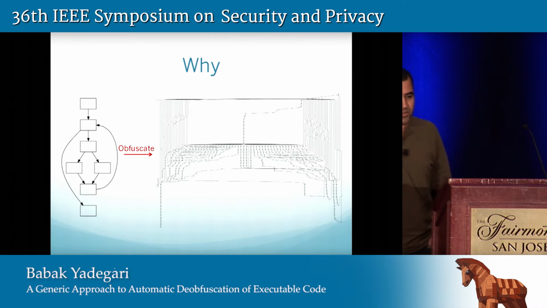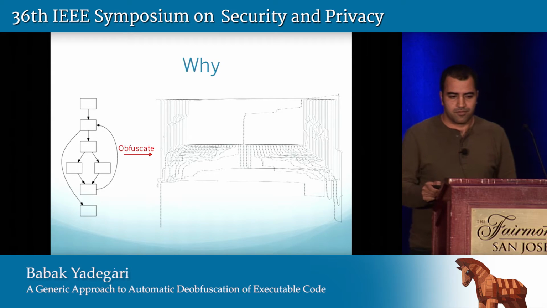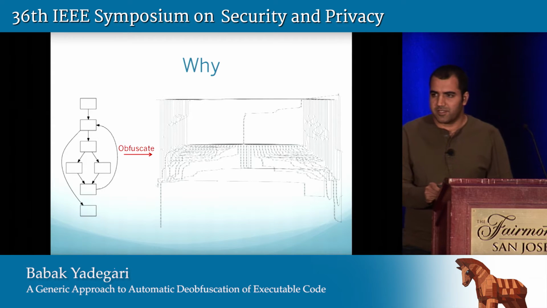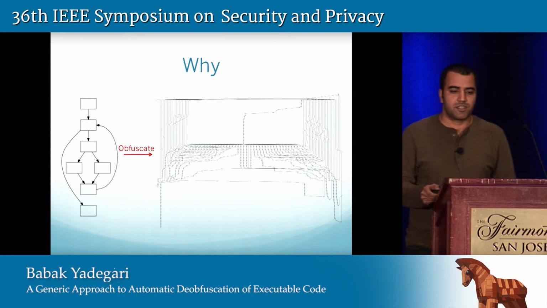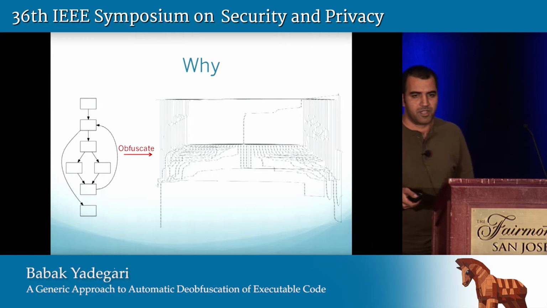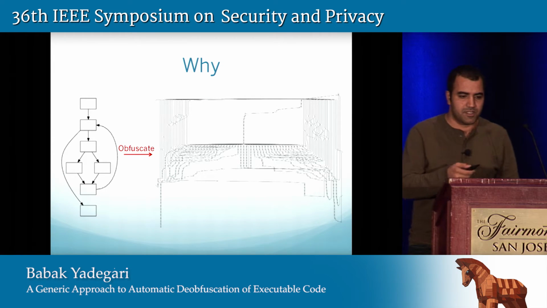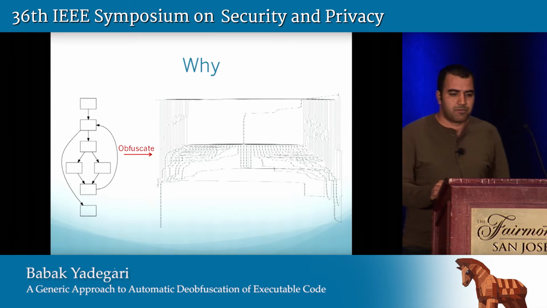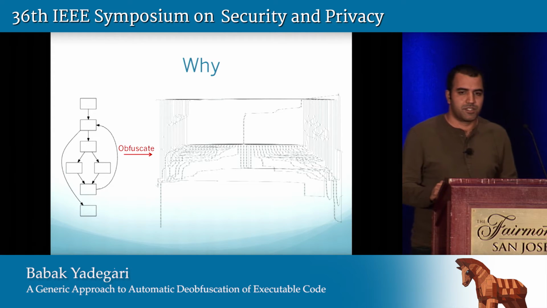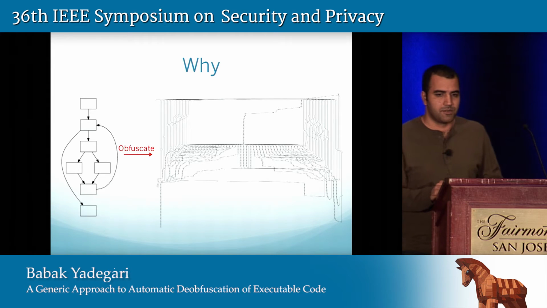The motivation for having such a deobfuscation process is that a lot of malicious code uses all sorts of obfuscation techniques to protect its code from being analyzed or reverse engineered. For example, as shown on this slide, the CFG on the right is the binary search program, which was obfuscated using Themida, a commercial obfuscation tool.